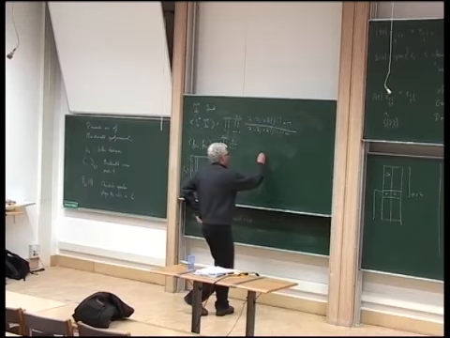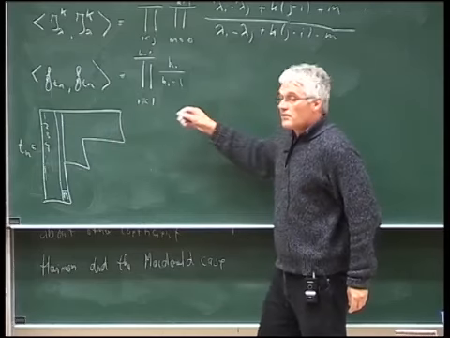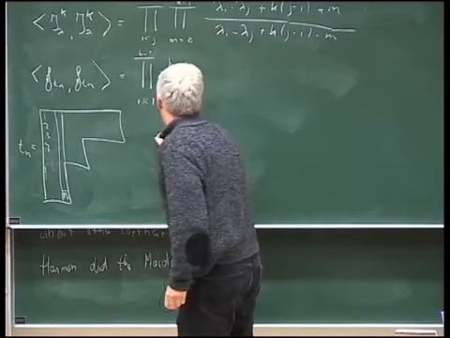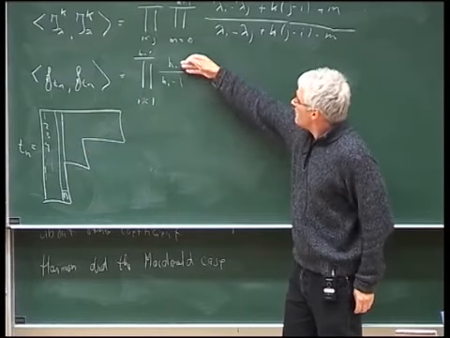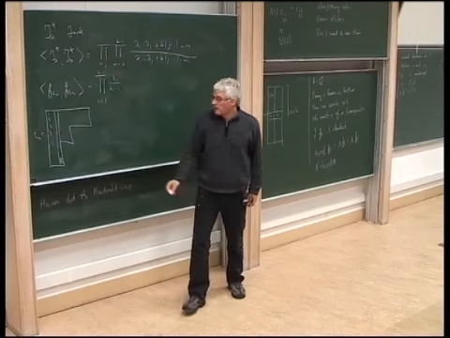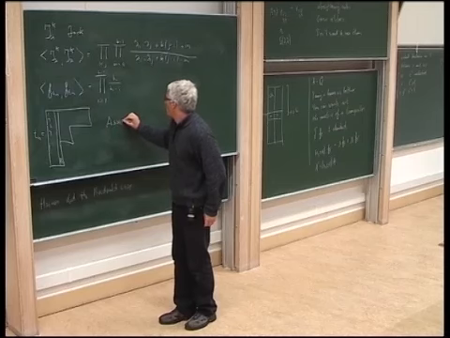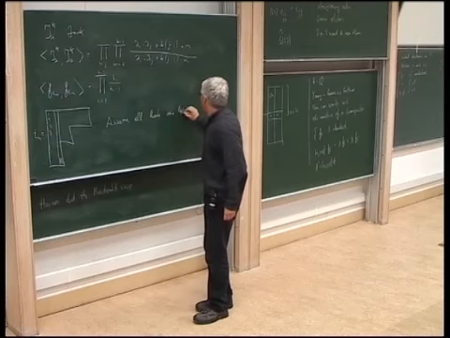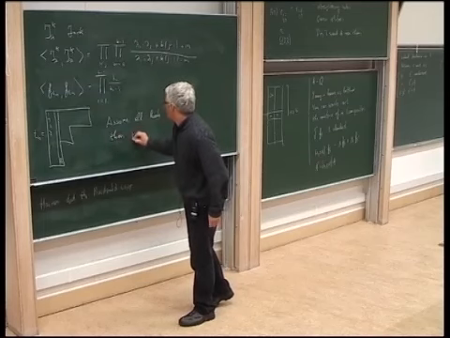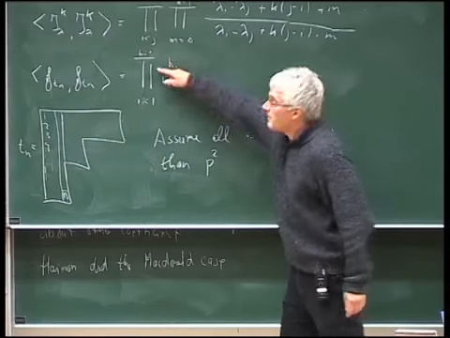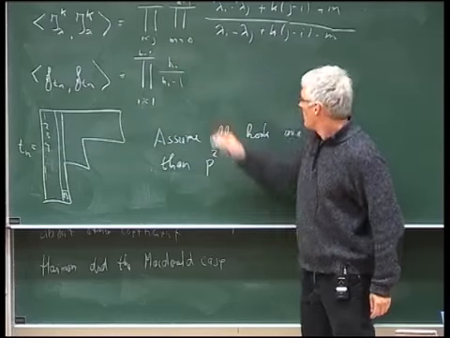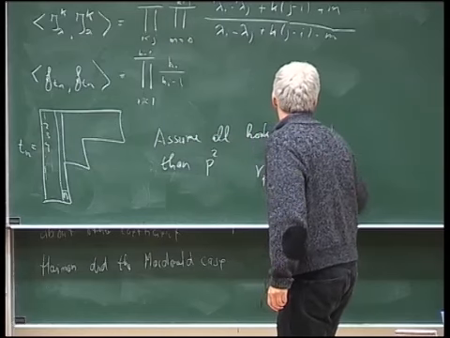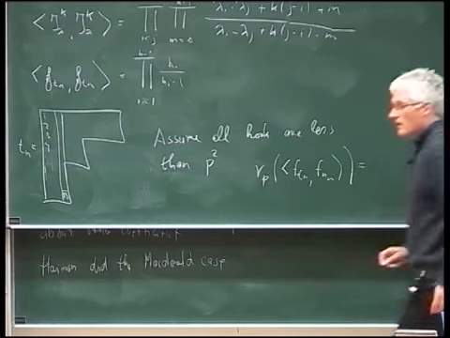If you consider now a situation where the field is of characteristic p, and if you assume, just for fun, that all hook lengths are less than p squared, and if you calculate the p-adic valuation of this number, v_p of the norm of f_{T_n}, then you get the following thing.